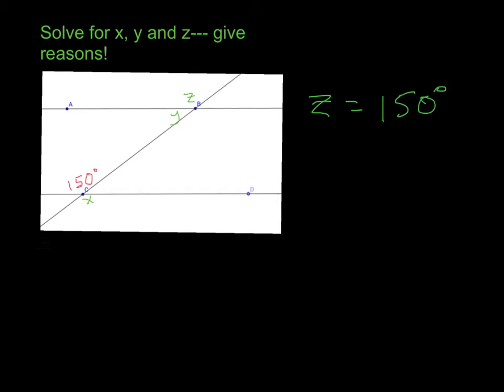And how do I know that? Well, I have the 150 degrees down here, and I have this right here. And what type of angles are these? Very good. They are corresponding angles. Oftentimes I write them as CAs for shorthand rather than writing out corresponding angles. So let's keep going with this puzzle.